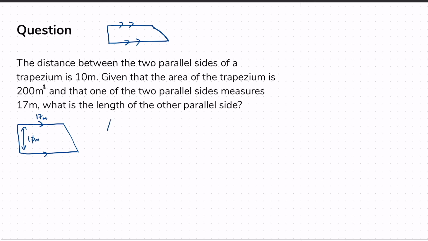Now the area of a trapezium is equal to the average of the sides, so that's the top plus the bottom divided by 2, multiplied by the height. Now why is that? Well, if we look at this trapezium here, it almost looks like a rectangle.